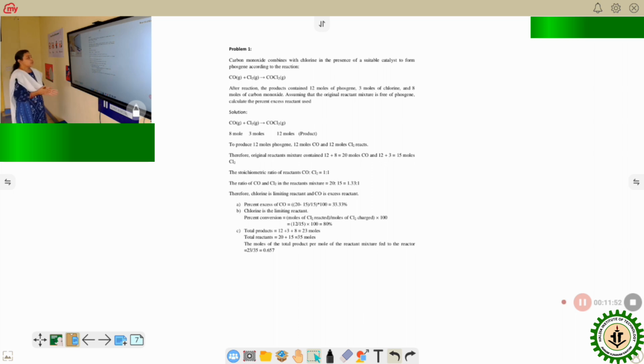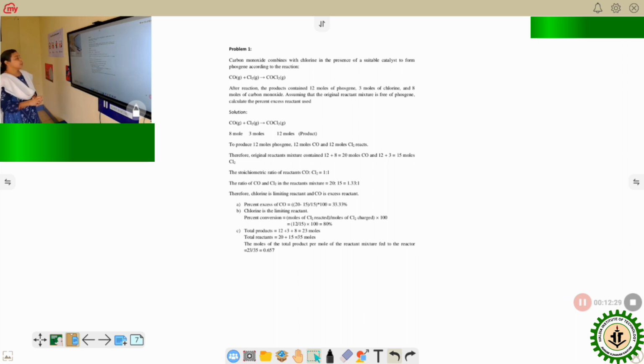Now according to the stoichiometry of the equation, to produce 12 moles phosgene, 12 moles carbon monoxide and 12 moles chlorine react. So the original reaction mixture contains 12 plus 8, that is 20 moles carbon monoxide, and 12 plus 3, that is 15 moles of chlorine.